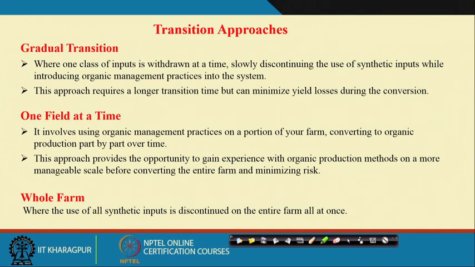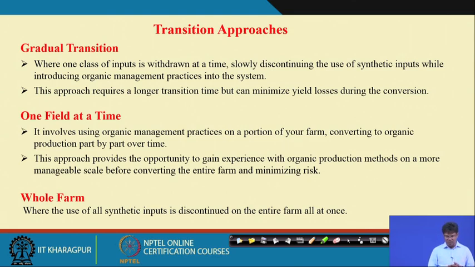So likewise, gradually we can convert the whole farm into organic. That is the best approach. Instead of going for it at a time from the beginning, we should not jump to organics for the whole farm. We can divide the farm into many parts, convert each part to organics, and after a few years the whole farm can be converted to an organic system.